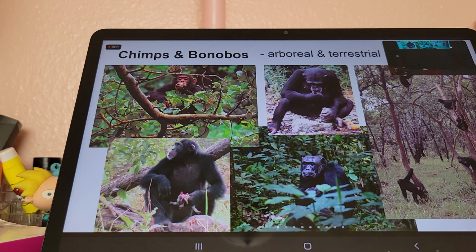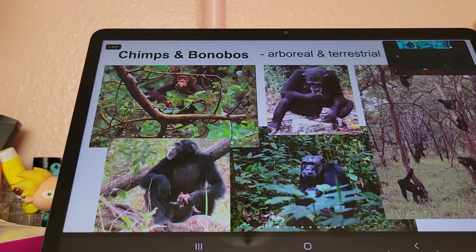And the terminal ends of branches are where the best fruit can be. And it can often be safer to do that underneath the branch than on top of a branch. Right? Chimps eat a wide range of foods: insects, nuts, roots, tubers, other animals, right? They hunt and catch monkeys. They do a wide range of things that monkeys just aren't capable of.